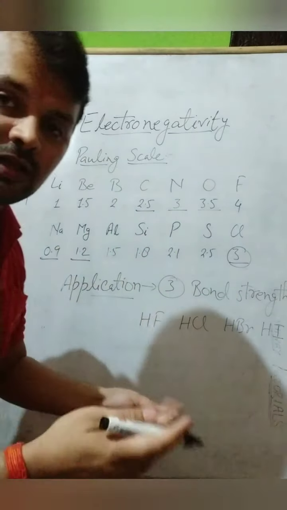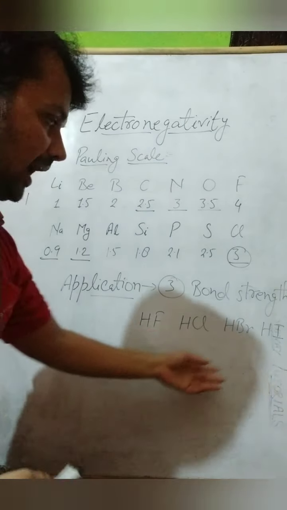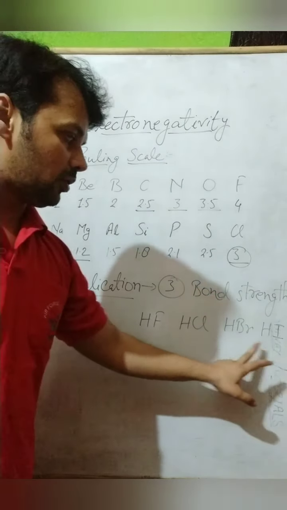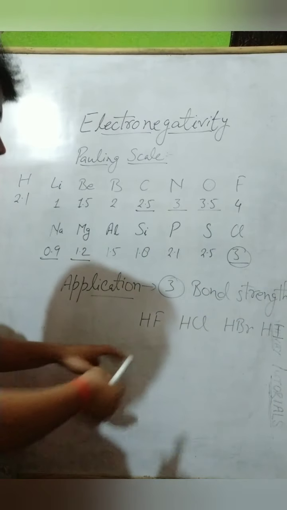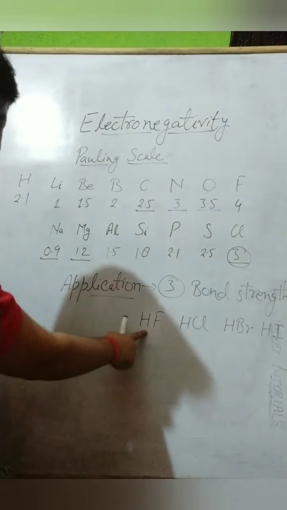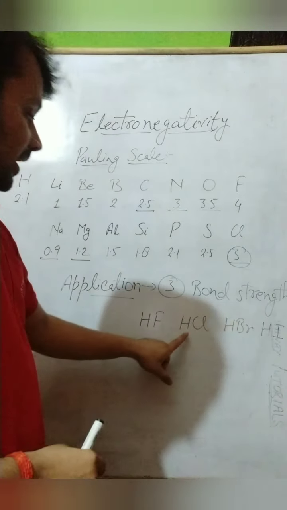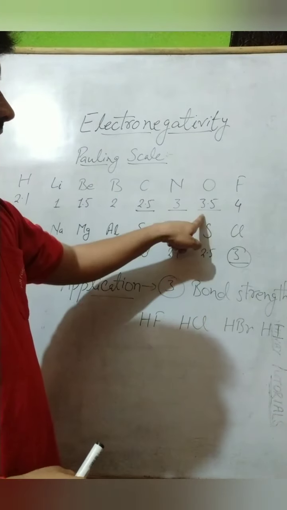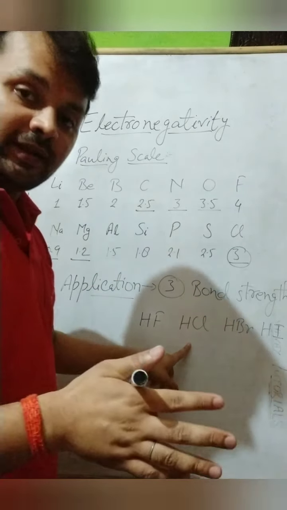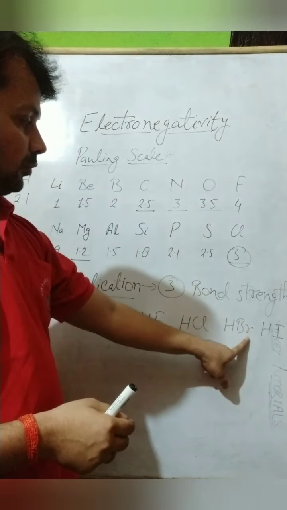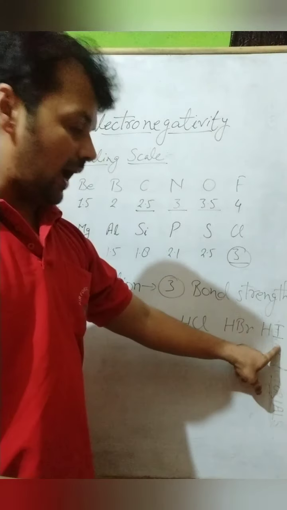I hope from the names you can see I am talking about fluoride, chloride, bromide, iodide. They have more electronegativity than hydrogen. Hydrogen has 2.1, fluorine has 4, and the difference is approximately 1.9. Hydrogen is 2.1, chlorine is 3; sorry, the difference is 0.9. Then bromine has a lower value, and iodine even lower.